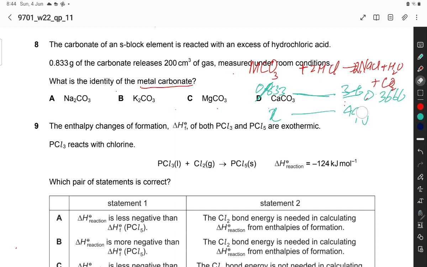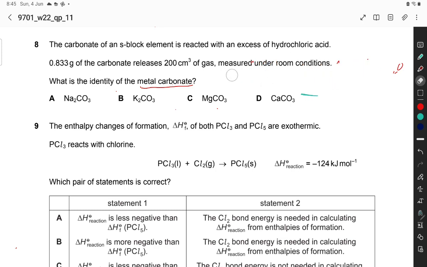Let's try this like this. MCO3 plus HCl to form MCl2 plus water plus CO2. This is the reaction.